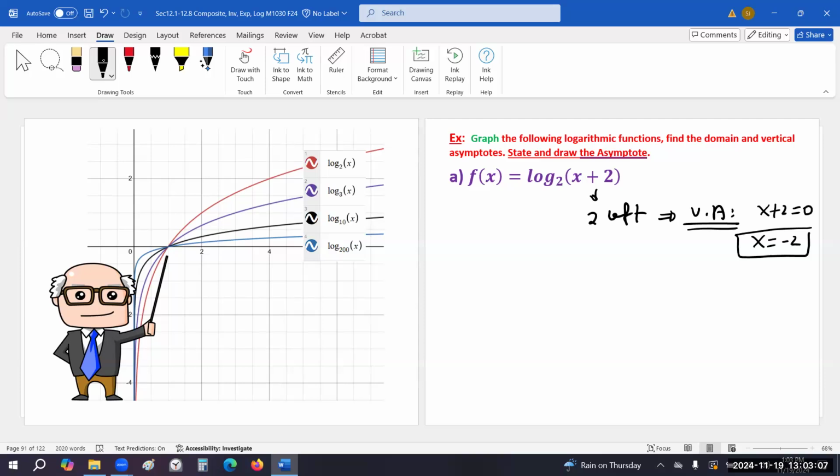We take the argument, whatever we have next to the log, its name is argument, set it equal to 0, and we get our vertical asymptote. Do we have any up-down shifting here? No, because there is no single number after the log. So we are going left.